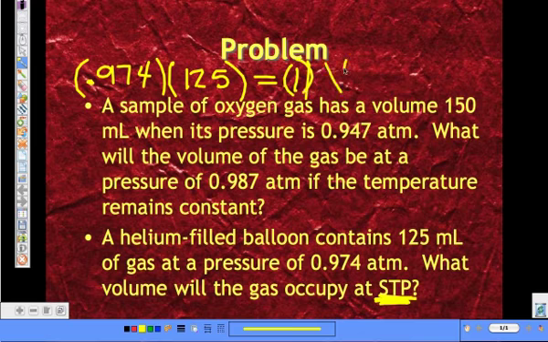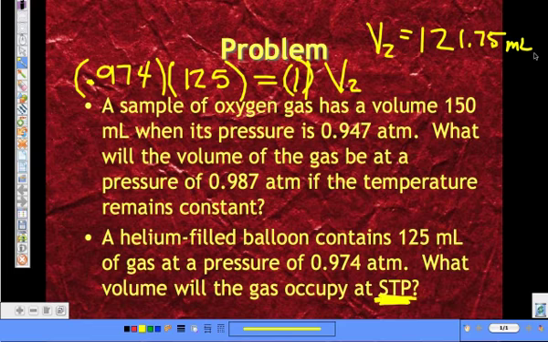And then we're looking for V2. 121.75. Units? Milliliters. Now if they had given us the initial pressure in millimeters mercury, you'd have to convert either the atm to millimeters mercury or the millimeters mercury number into atm, because you need the pressure in the same units.